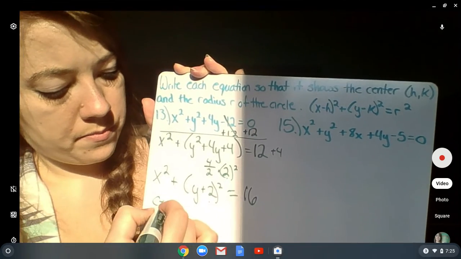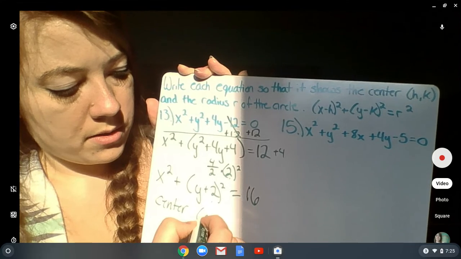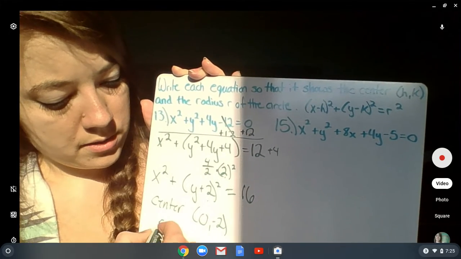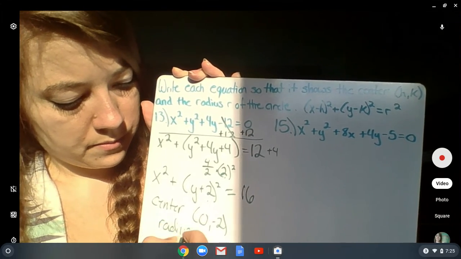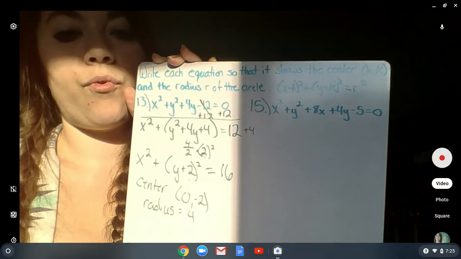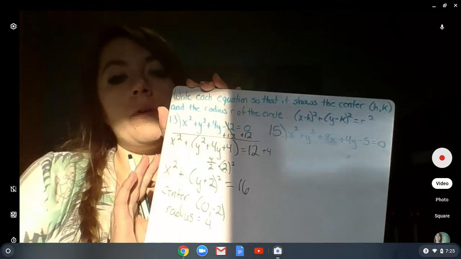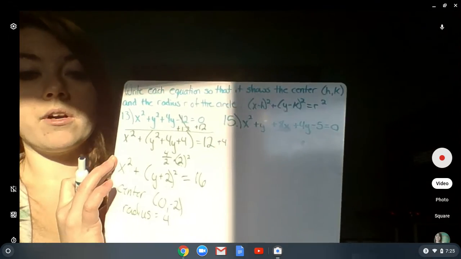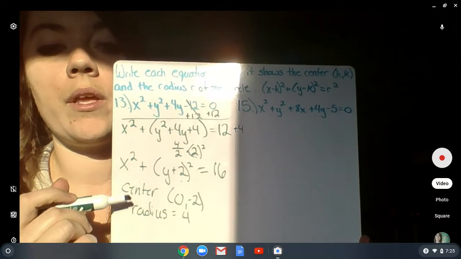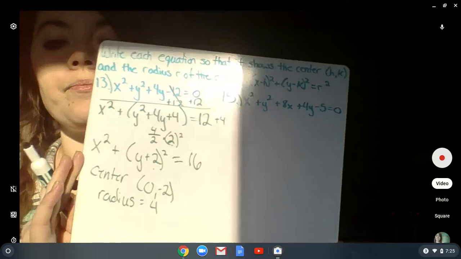The center is (0, -2). And the radius is 4, because the square root of 16 is 4. Now, you don't have to list out what the center and radius are. You just have to get it into standard form of the circle. But this is me showing you that we did find that.